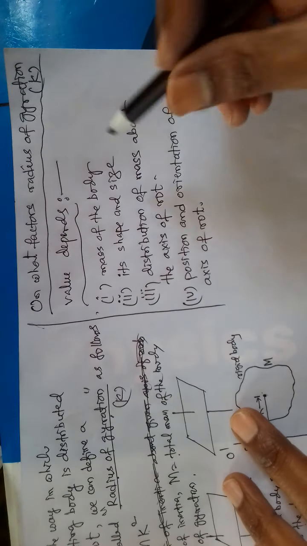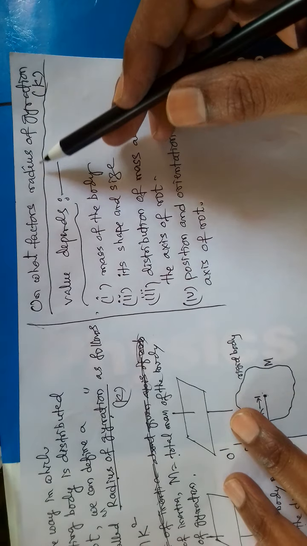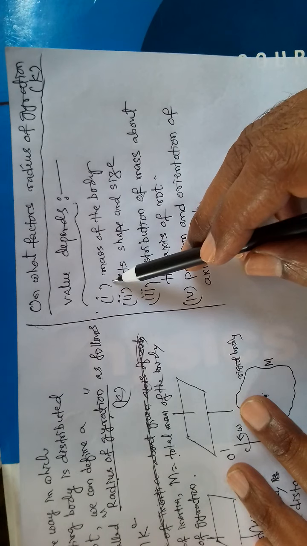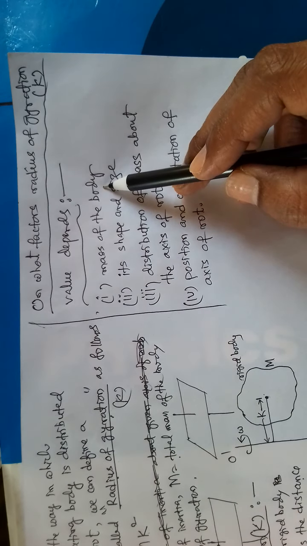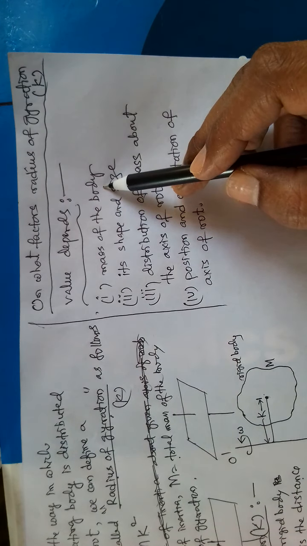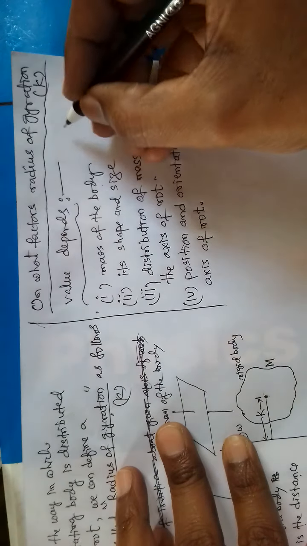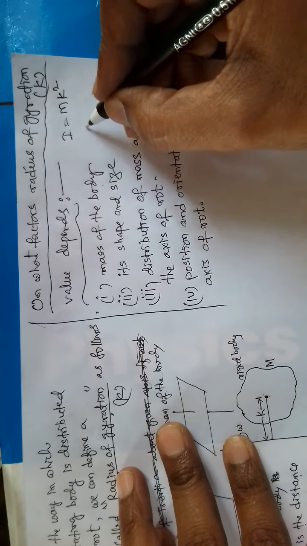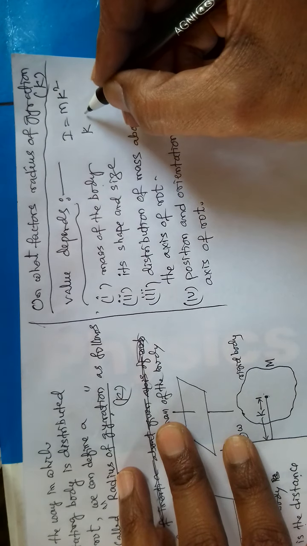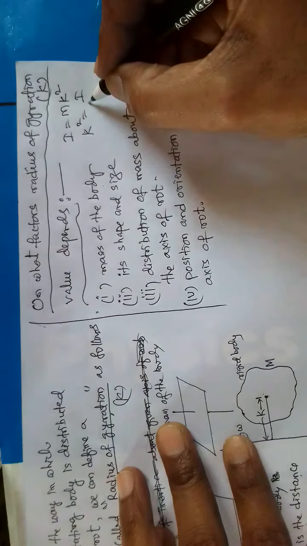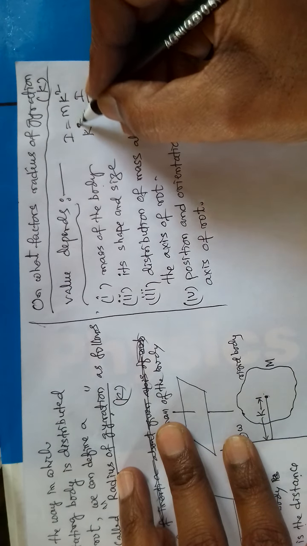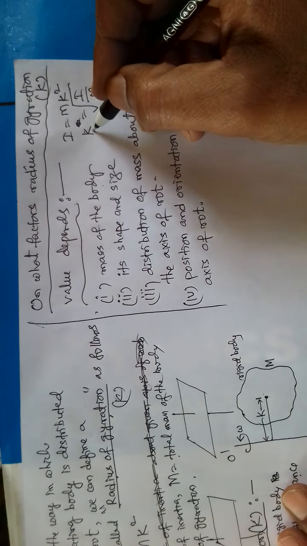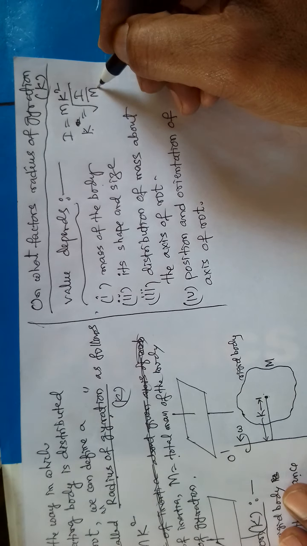Now let us consider on what factors the radius of gyration value depends. Number 1, it depends upon the mass of the body. Here I is equal to M K square, so K square is equal to I by M, or K is equal to the square root of I by M. So the K value depends upon the mass of the body.